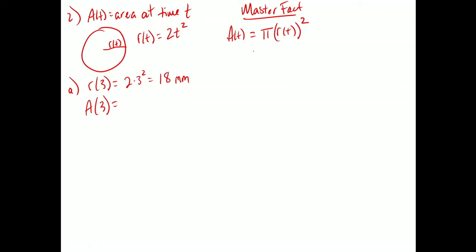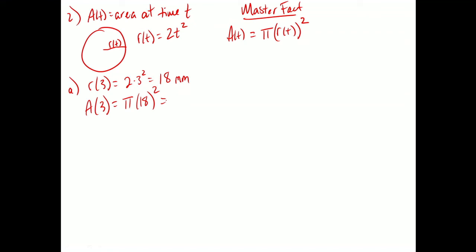The area on any day is pi r squared. You just told me, or we just computed, that the radius on day 3 is 18. So if I do pi times 18 squared, that should give me the area of the circle after day 3. 18 squared is 324, and then times pi.